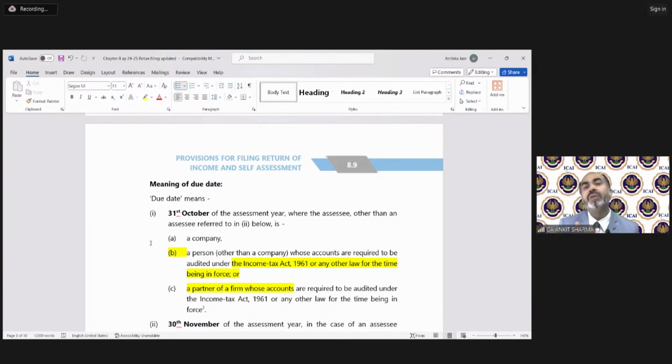So first we are going through the provision on what the due date is. Then we will discuss what the last date is. So what is the meaning of due date?